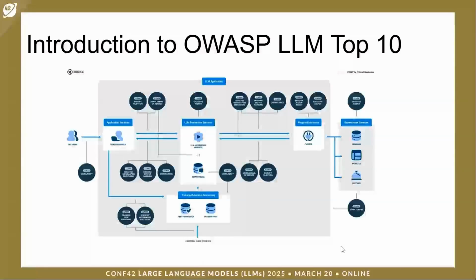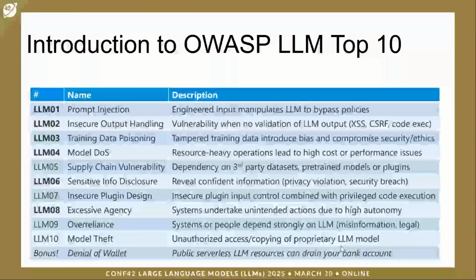The list comes in response to the rapid adoption of these models in many industries, with the aim of highlighting the main security problems associated with this emerging technology. In this table, we can see the main vulnerabilities in large language models. Now we analyze some of them in more detail.